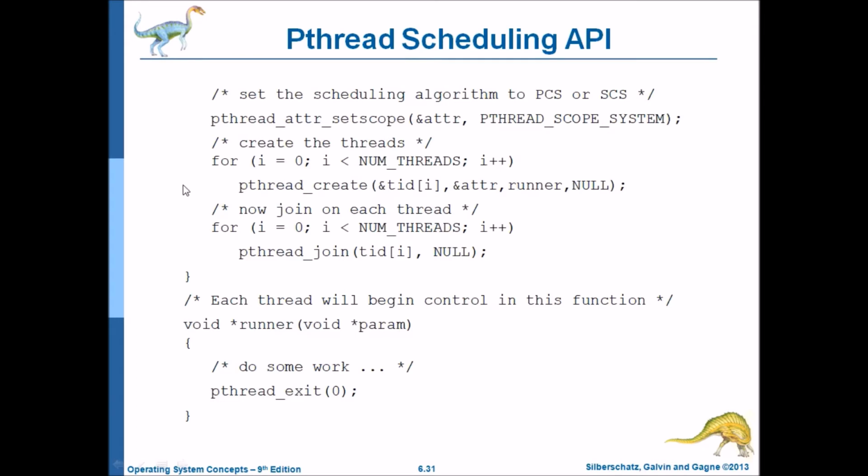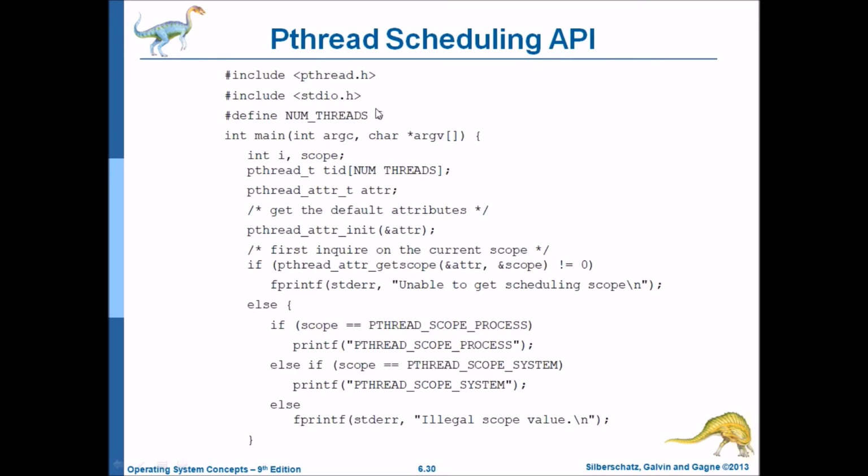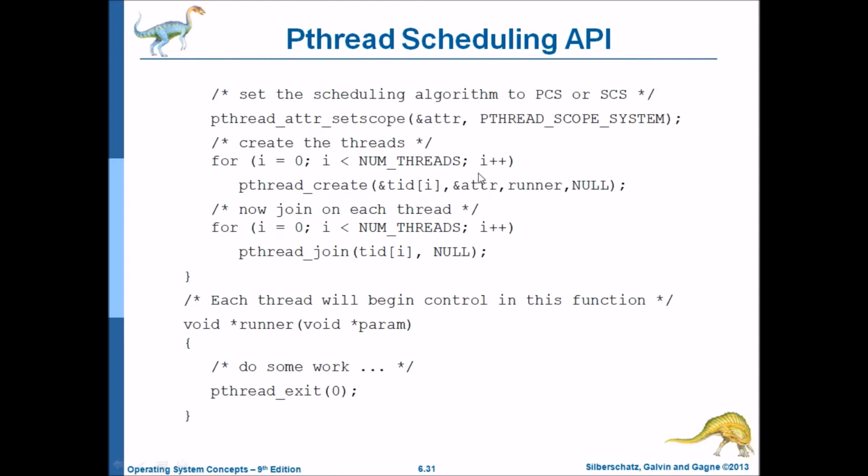From here it then creates 5 separate threads that will run using the SCS scheduling policy. So the NUM_THREADS, which is 5, so it creates 5 separate threads.